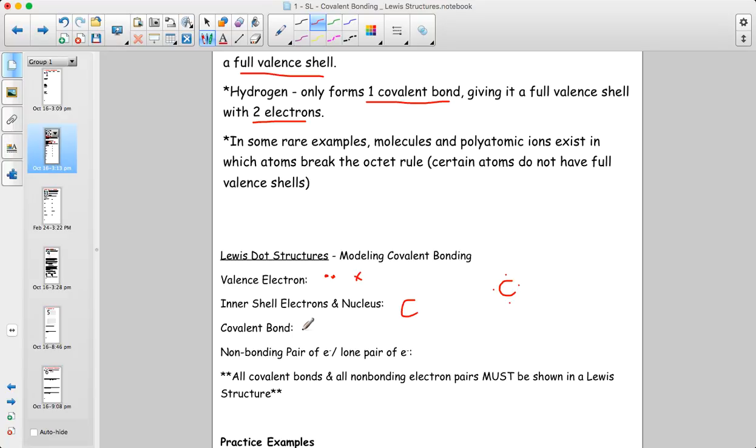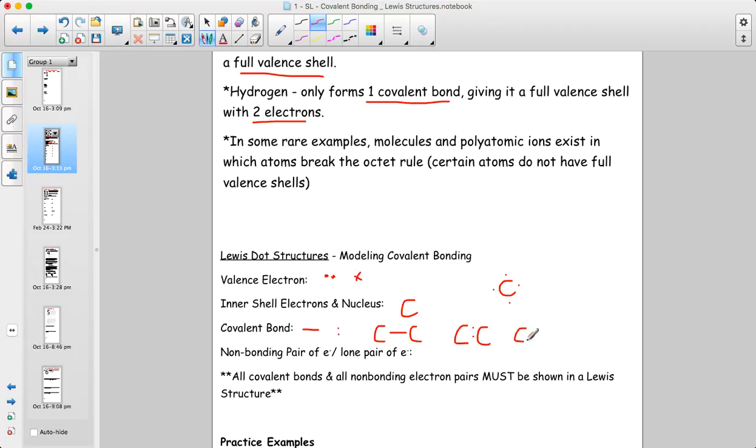Covalent bonds are going to be represented as line segments, but they can also be represented as dots between 2 atoms. So if you wanted to show the bond between 2 carbon atoms, you could draw carbon bonded to carbon. You could also draw carbon dot carbon, and it would show that these 2 electrons are being shared.